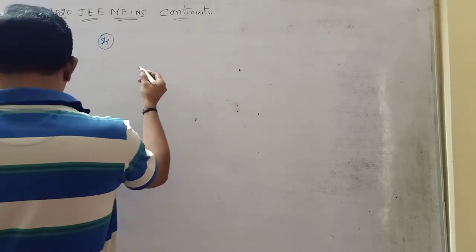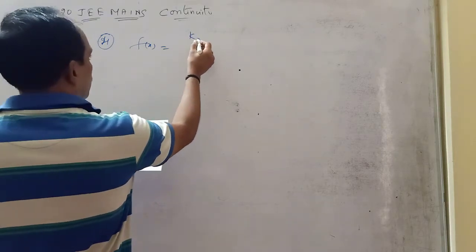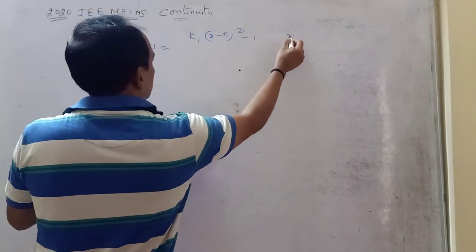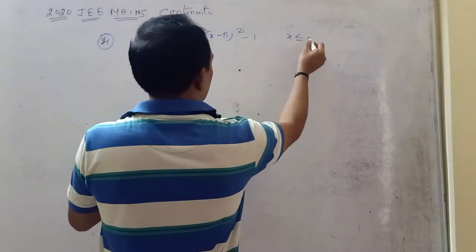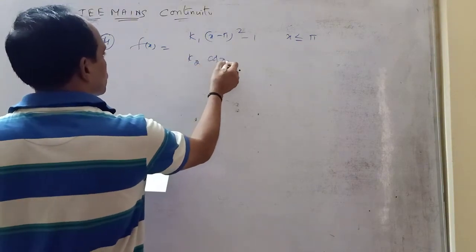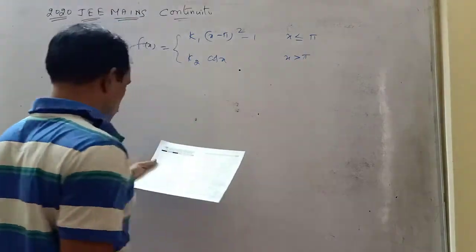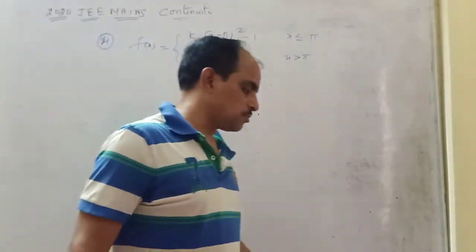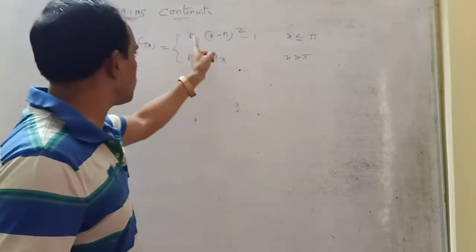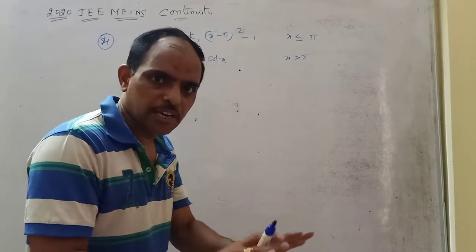I think so. f of x is equal to k1 of (x minus pi) whole square minus 1 for x less than or equal to pi, and k2 of cos x for x greater than pi. It is twice differentiable, so we can differentiate 2 times. Then what about the values of k1, k2? Okay, it is differentiable means it is continuous. You remember that one.